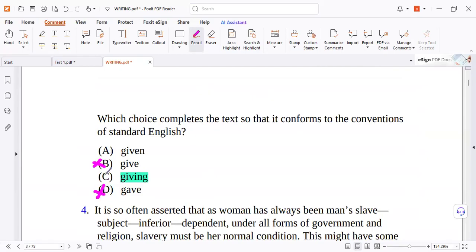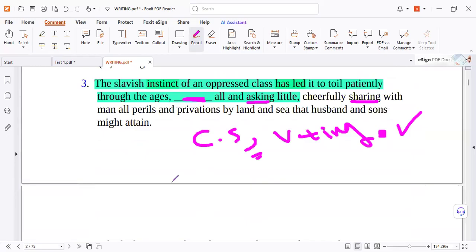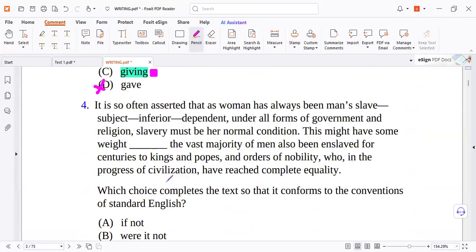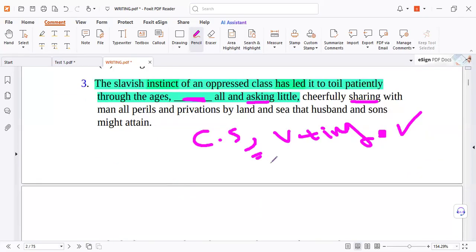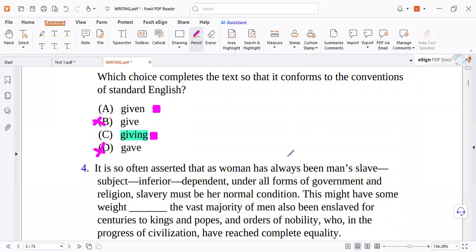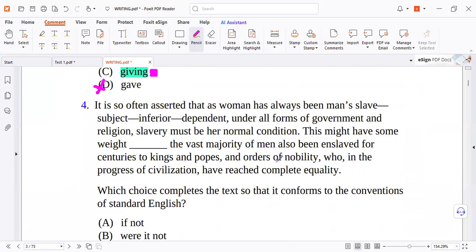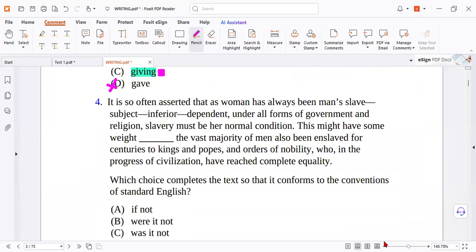You have two phrases, but past or present, so you go back to the tense again. Okay, my friend? Remember, this is the phrase we did last time.